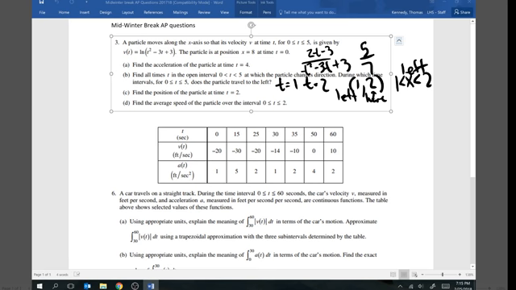To find the position at t equals 2, we know the position at t equals 0, so we start from there. We start at 8, and we add how it changes from 0 to 2, which is the integral from 0 to 2. We're integrating velocity to get position, so I'm going to plug in the velocity equation.